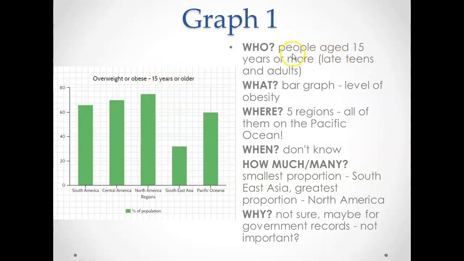So here I've written people age 15 years or more. Or you could say late teens and adults. So you don't have to copy, or you shouldn't copy, I should say. You have to try and write in your own words. So these are the questions and the answers for graph 1.